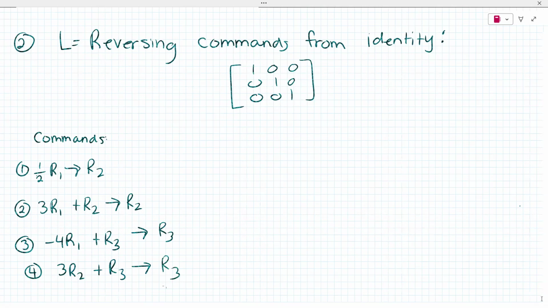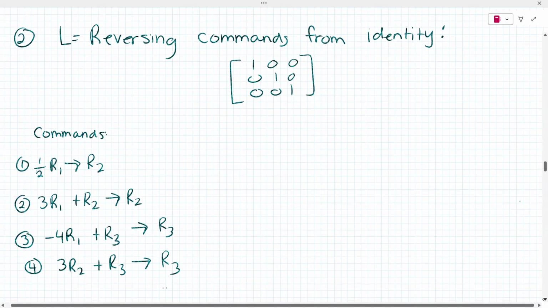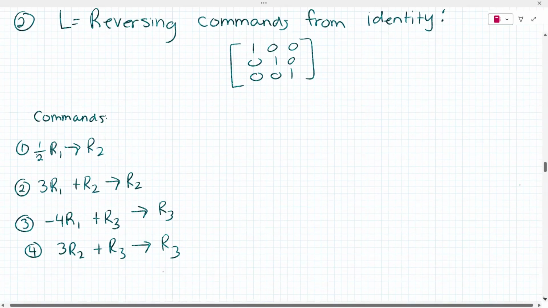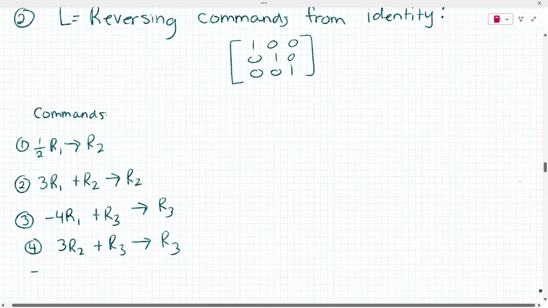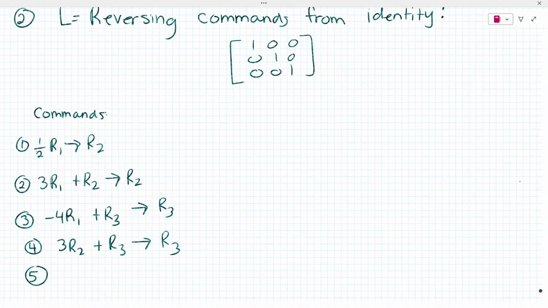And keep on going. There were 5 commands. The fifth one was 1/7 row 3 gives us new row 3.